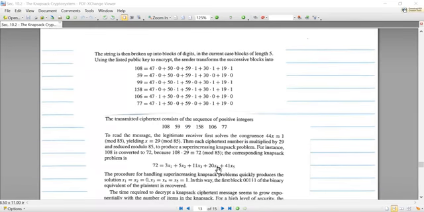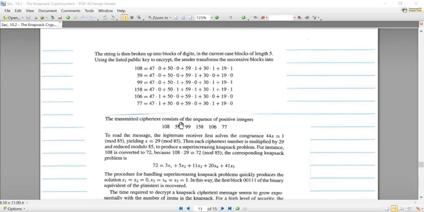Now we need to find the number C, which is a solution for 44x congruent to 1 mod 85. And there is a unique solution mod 85, which is 29.